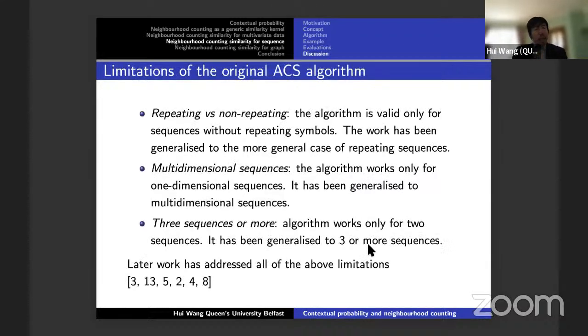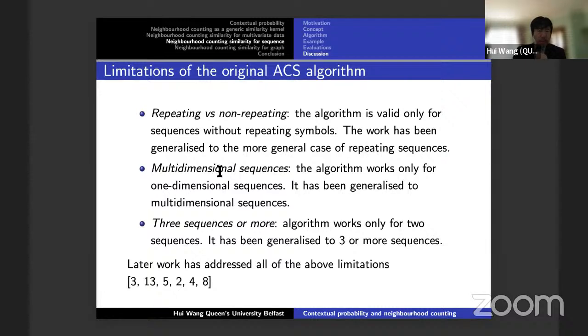Okay, so there are limitations of the original ACS algorithm. That is repeating versus non-repeating. The algorithm is valid only for sequences without repeating symbols. But this work has been generalized to the more general case of repeating sequences.